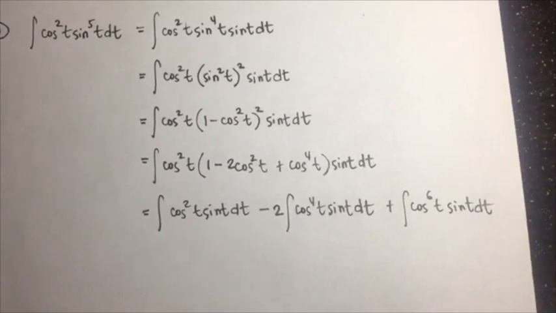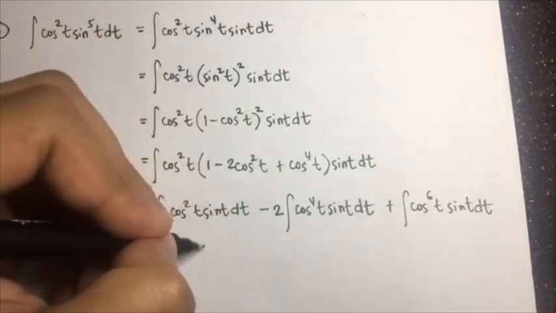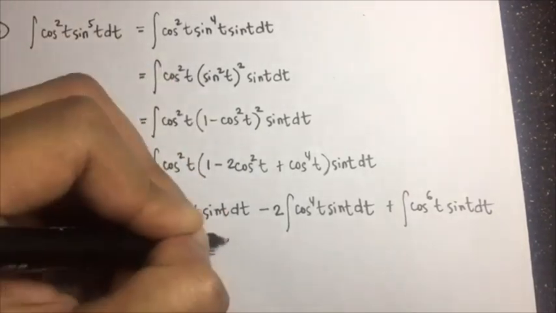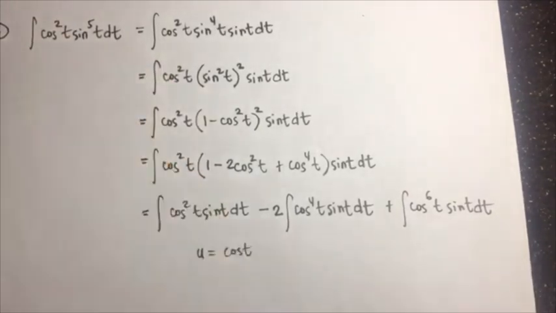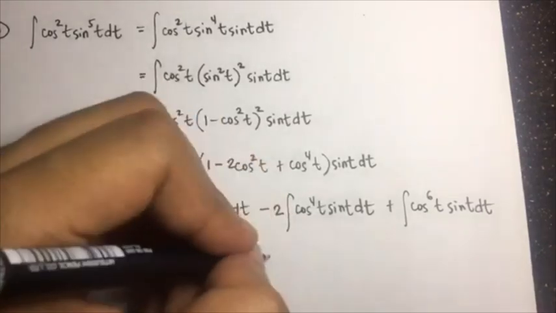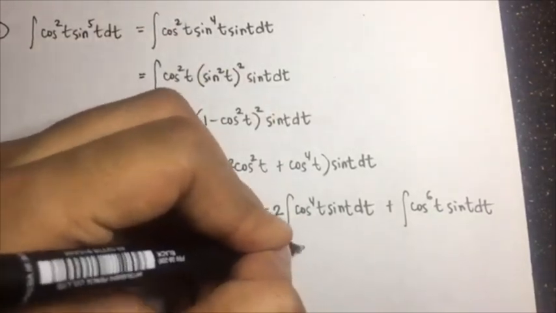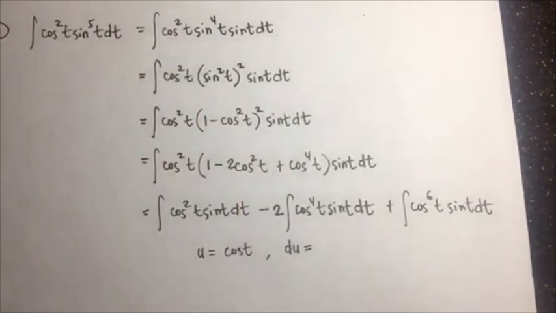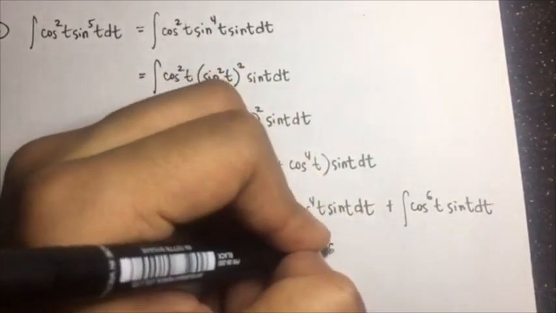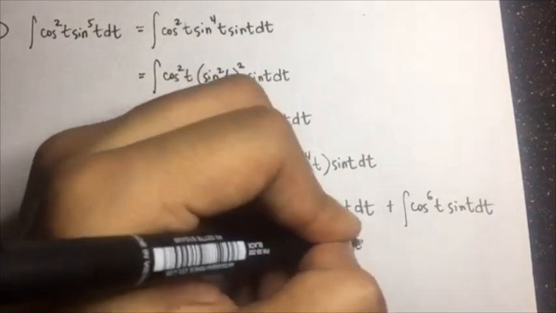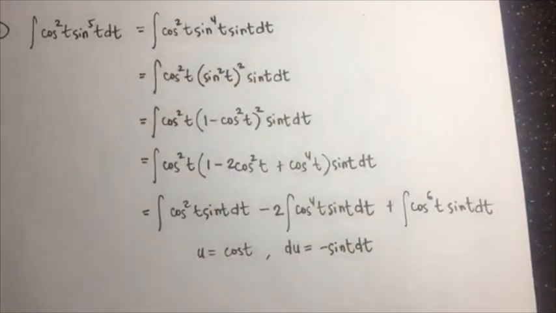Each of the terms can actually be solved using the general power formula with our u as cosine of t. Therefore our du should be negative sine of t dt.